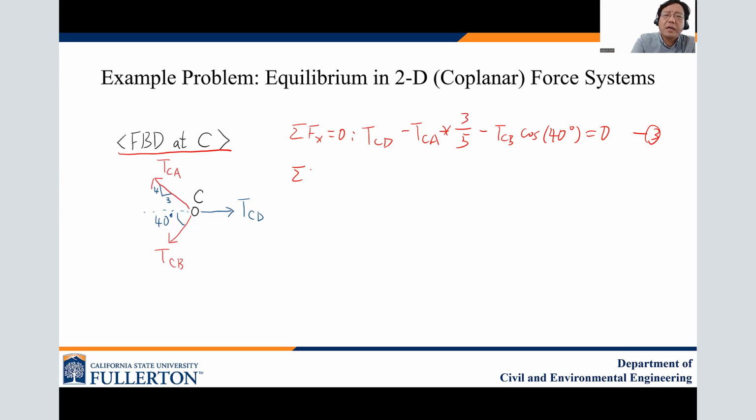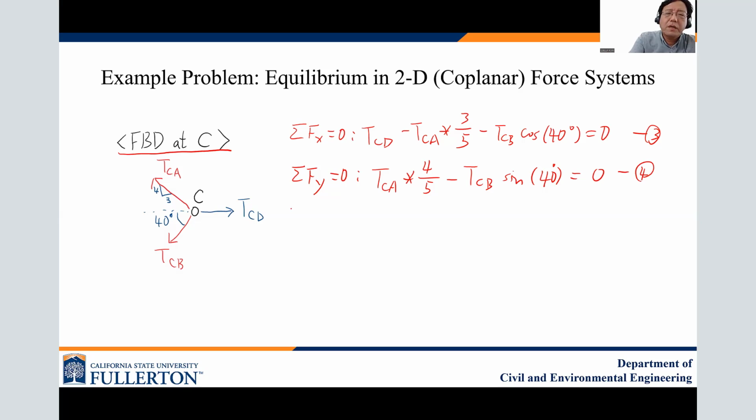And sigma Fy equals 0. So that is TCA times 4/5 minus TCB sine 40 degrees equals 0. That one is equation 4.